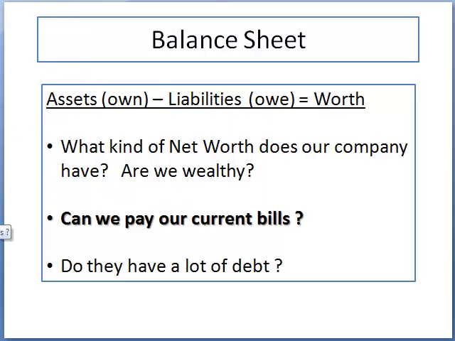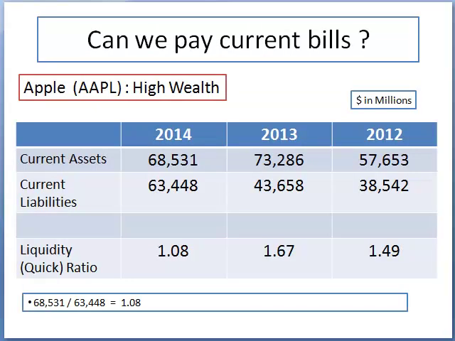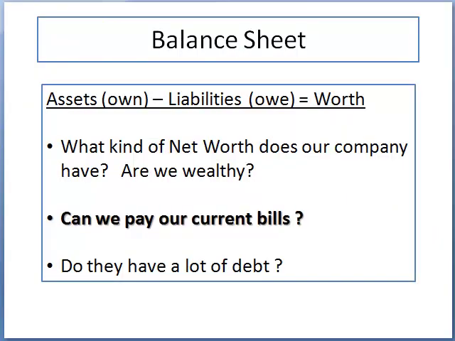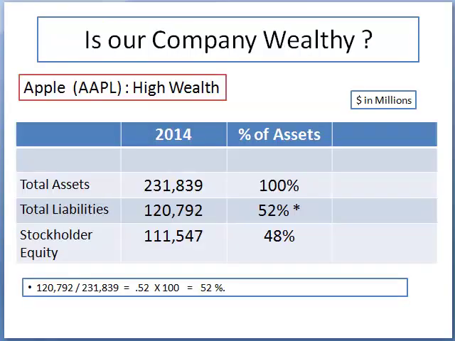So let's take an example. Let's take a look at Apple. Apple has total assets of $231 billion. They own $231 billion of stuff. They owe $120 billion.